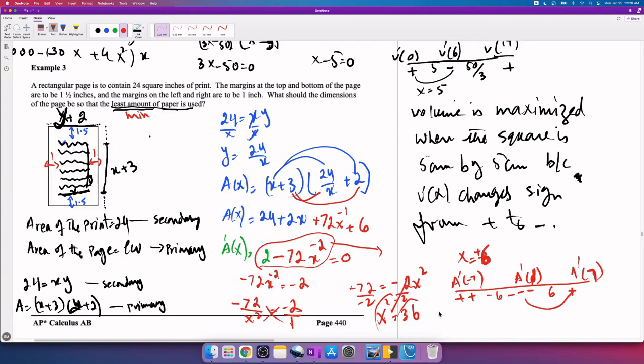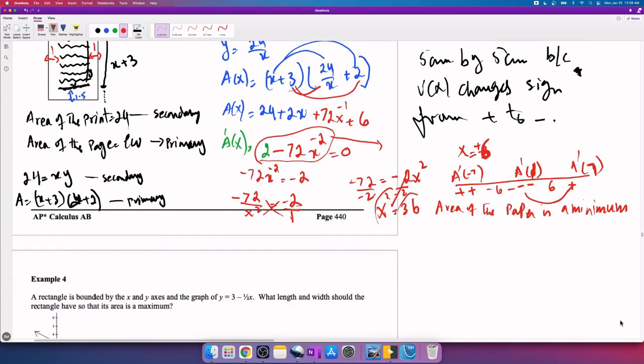So it means the area of the paper is minimum when x is equal to 6, because A prime of x changes signs from negative to positive. So these are my 6 inches, my x is equal to 6.